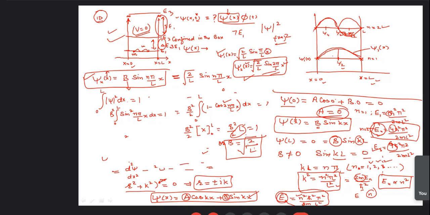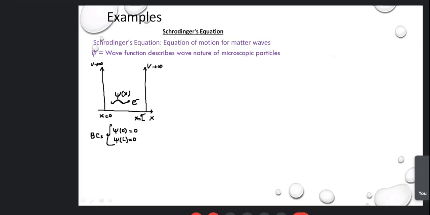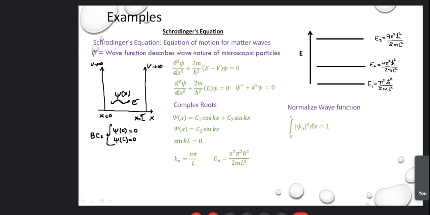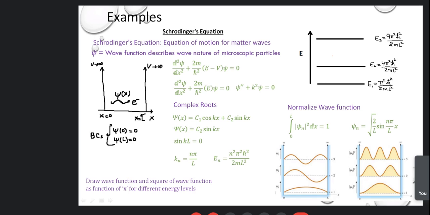Okay, but then we have the 3D box. As I said earlier, it is difficult to solve partial differential equations where partial derivatives are involved. So we can directly give you the result of what we have discussed. You can see we have drawn it up to the third energy state, and this is the associated probability of finding the particle.